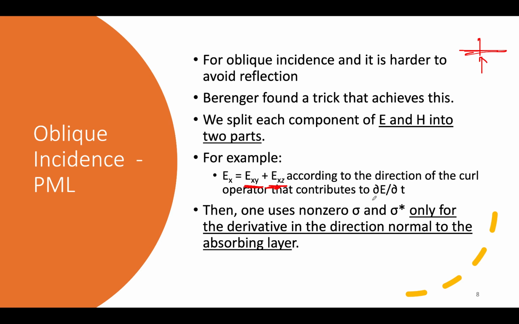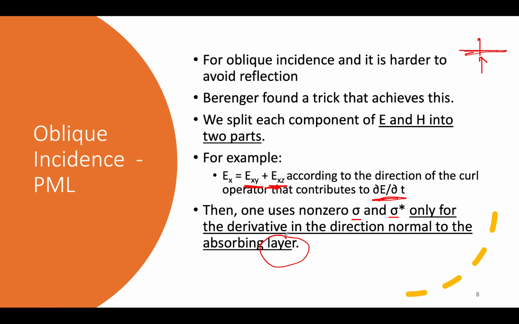In this case, we know Ampère's law, and there is also a curl including direction. So we split up the electric field according to the direction of the curl operator, and then we use a non-zero sigma and sigma star, the conductivities in our PML, only for the derivative in the direction normal to the absorbing layer.